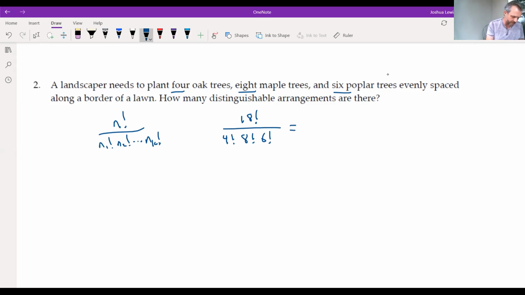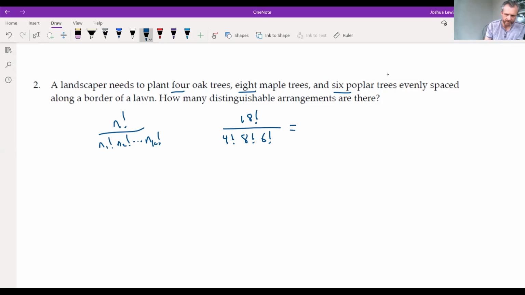Let's see what we get for that. So 18 factorial divided by 4 factorial times 8 factorial times 6 factorial.